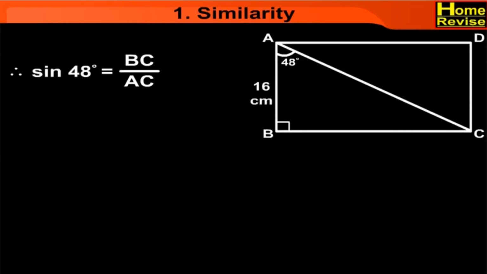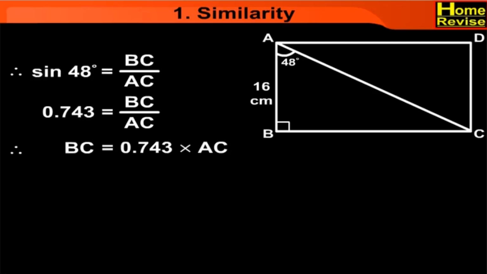Putting the value of sine 48 degrees, we have 0.743 is equal to BC upon AC. Therefore, BC is equal to 0.743 into AC. Let this be equation number 1.